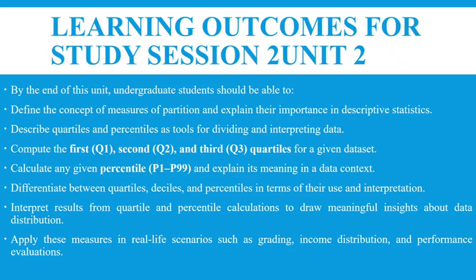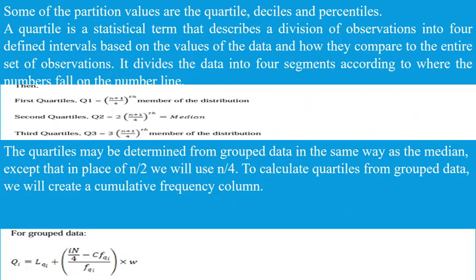Calculate any given percentile and explain its meaning in data context. Differentiate between quantile, decile, and percentile in terms of their use and interpretation. Interpret results from quantile and percentile calculations to draw meaningful insight about data distribution. And the last but not the least, apply these measures in real-life scenarios such as grading, income distribution, and performance evaluation.